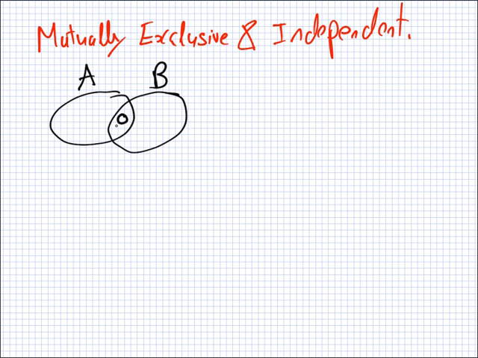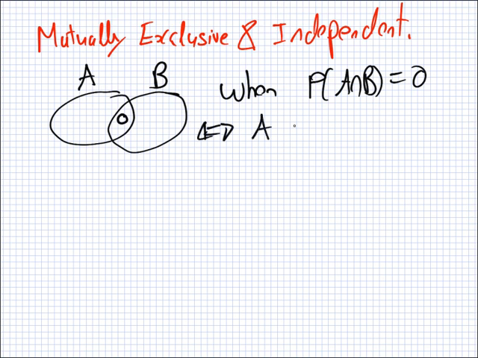They can't happen together. It's not possible to see an A and a B at the same time. So in this situation, when the probability of A and B is equal to 0, we say that A and B are mutually exclusive.